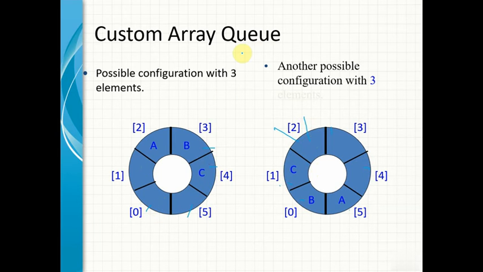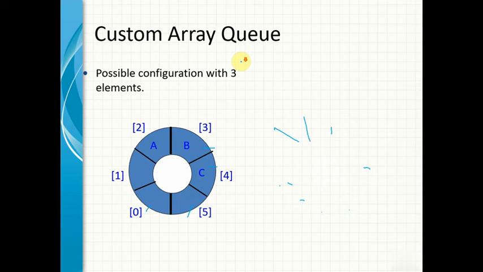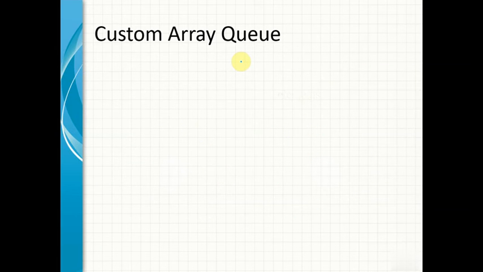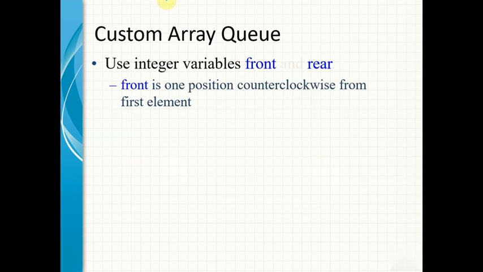So it is a circular wheel, like twisting a straight line into a circle. It becomes circular because at the end it points back to the head. In this case, the integer variable is not only for the front and the rear.